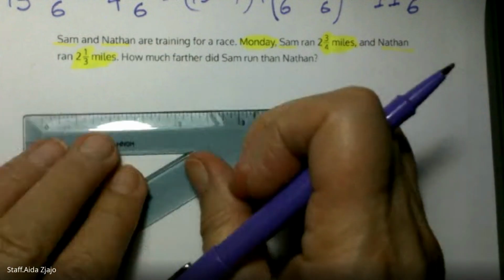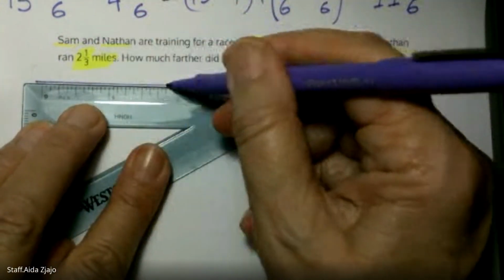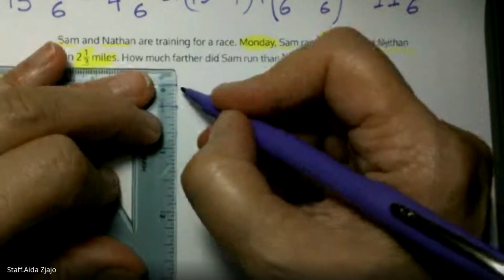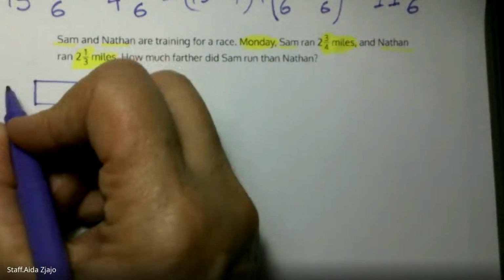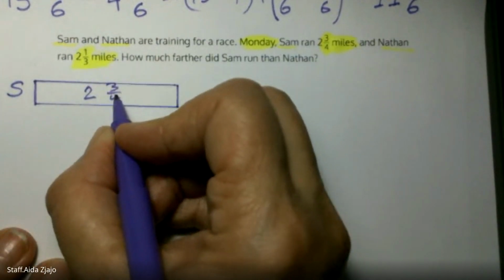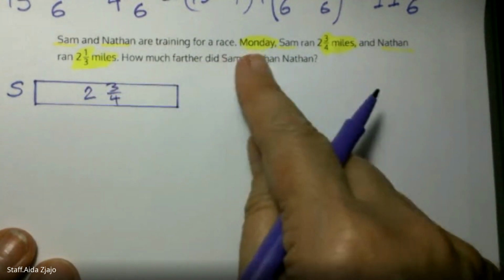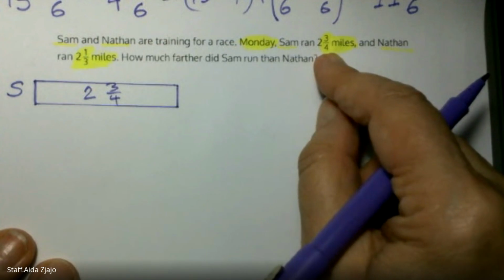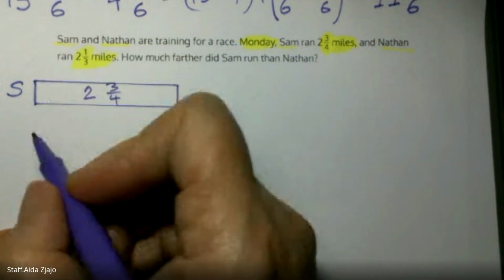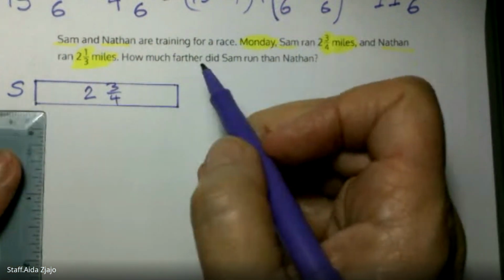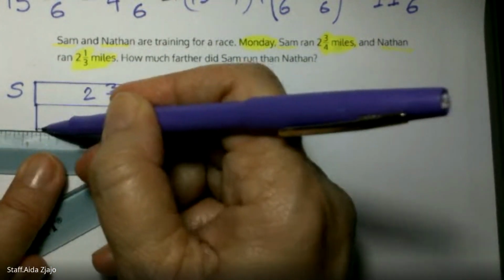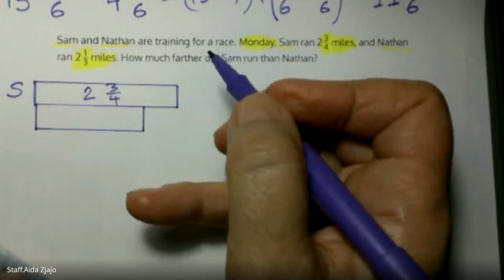First, if this much is Sam, he ran 2 3/4, and 3/4 is almost 3 whole miles. And Nathan did 2 1/3, so Nathan did a little bit less. Right now we don't know how much less.